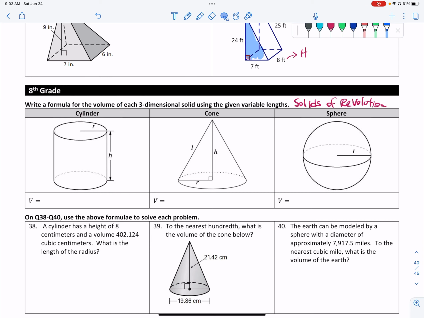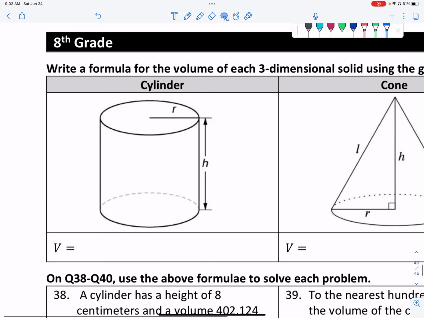Write the formula for the volume of the 3D solid using the given variable lengths. R stands for radius, H stands for height, of course, and we have the volume as pi r squared times height. Pi being, of course, that ratio of the circumference to the diameter of any given circle.